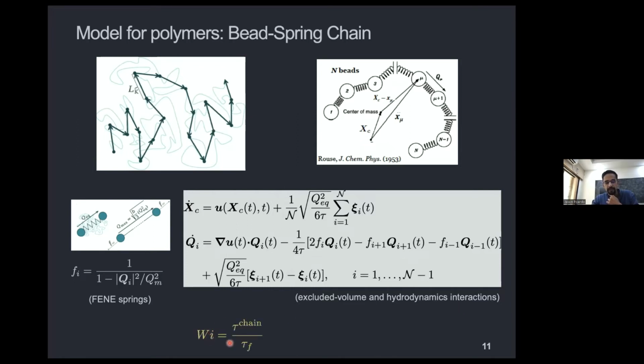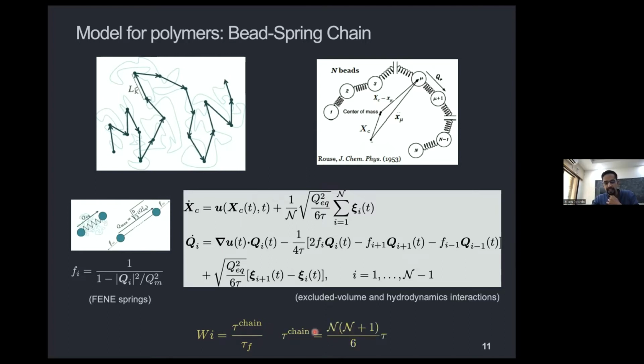Now we can define the Weissenberg number here by taking the timescale of this chain, the longest timescale. Of course, there is a spectrum of timescales if we have n beads because of different modes, but we take the largest one to be the timescale, and that's what's done when you define it in experiments as well.